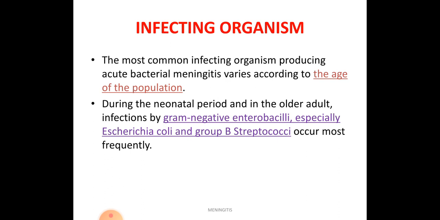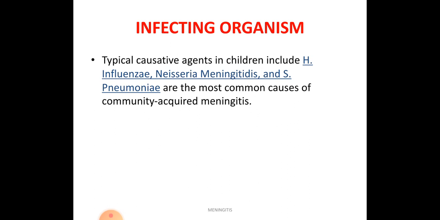In a neonate or older adult, infection is mostly because of gram-negative enterobacilli, especially Escherichia coli, and group B streptococci. In children, the organisms are generally H. influenzae, Neisseria meningitidis, and S. pneumoniae.